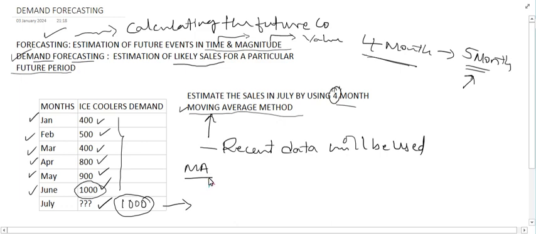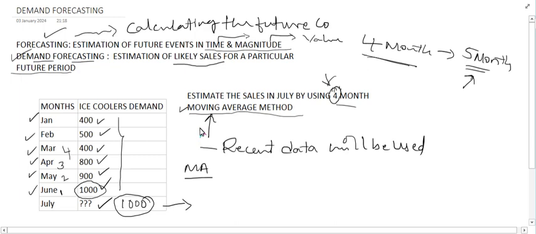Now in this case, a 4-month moving average is given. So how to calculate this? You need to take the recent 4 months of data and take the average of those. In this case, the last 4 months means June, then the previous months, the second, third and fourth. You take the average of the recent 4 months, and only then can you get the next sale data.